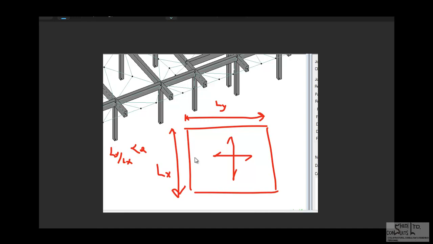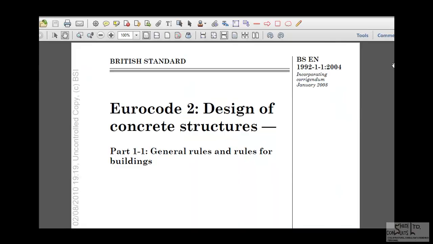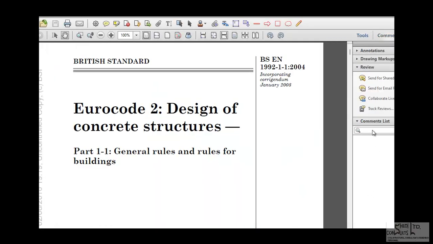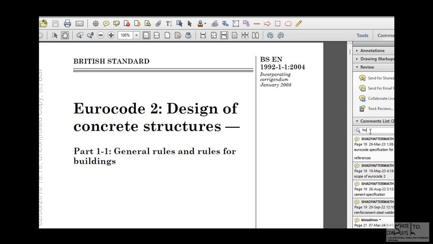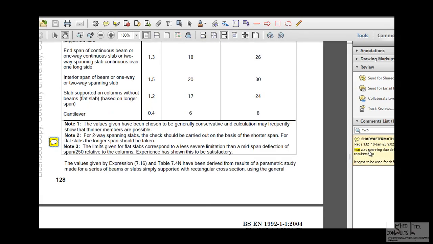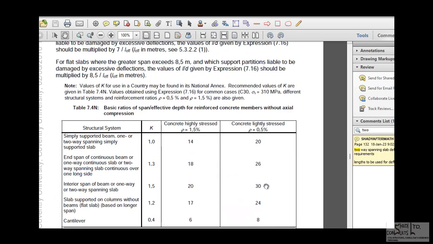And then when the aspect ratio is greater than 2, the slab is sensibly supported along one of its edges. You need to understand that terminology. This is a requirement of the Eurocode. Then the slab is defined as a one-way spanning slab.